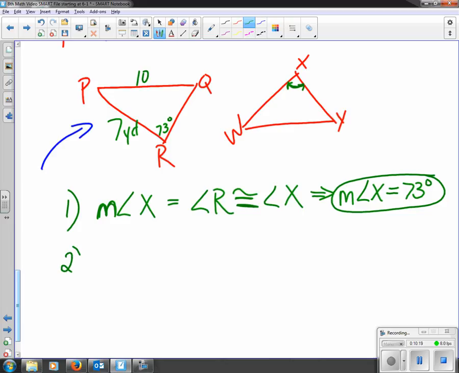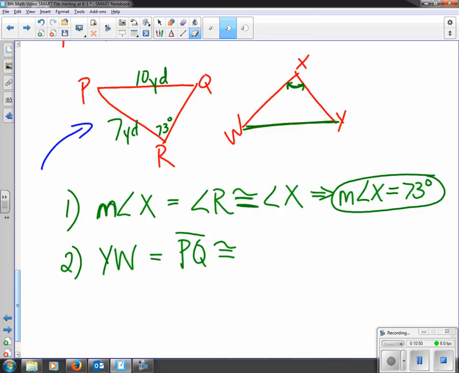Let's try another one. What if I say, okay, what is YW? So line segment YW, what's the measurement for line segment YW? So right here, what's this line segment? Well, line segment PQ is congruent with line segment WY or YW.